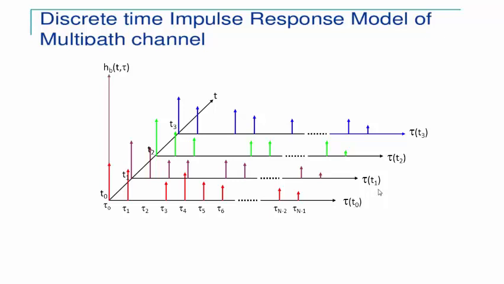At tau 3 this much of the impulse response, at tau 4 this much. So in this way from tau 0 to tau n minus 1 the impulse responses are obtained at t0. At the next instance, suppose at t1, the impulse response is again checked.